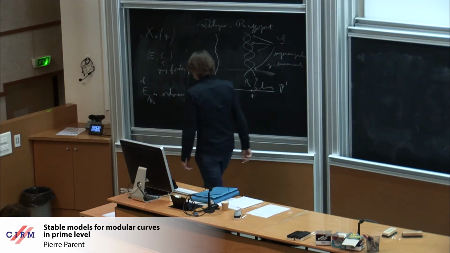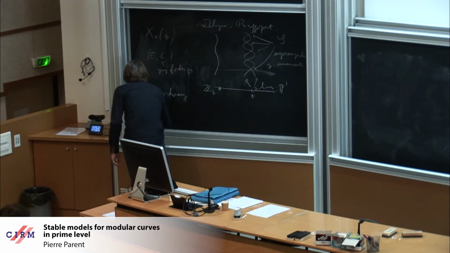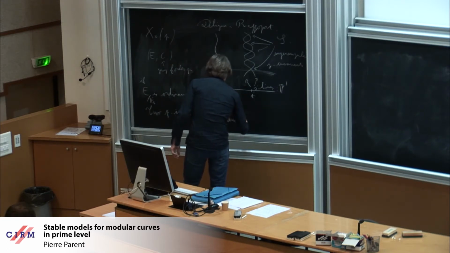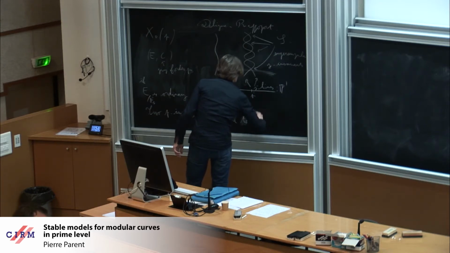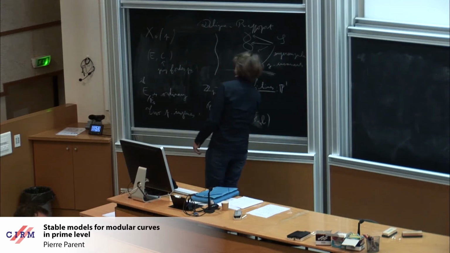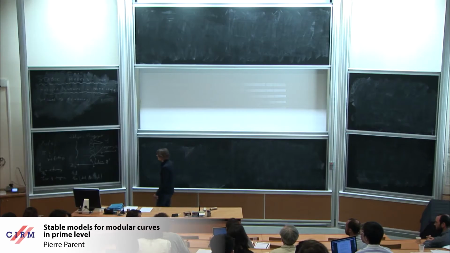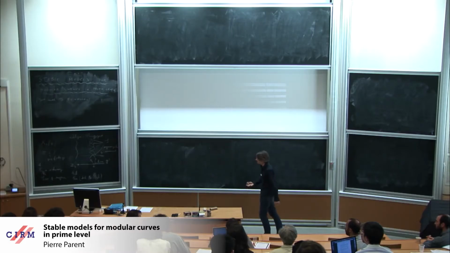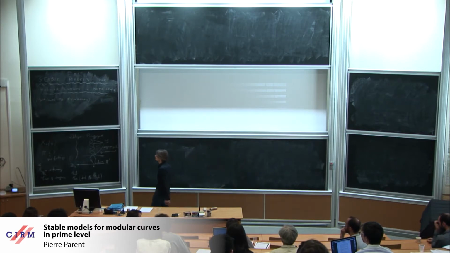And then on such a curve in characteristic p, one only has two p-isogenies, which are the Frobenius and the Verschiebung, the dual isogeny to the Frobenius. And it is also well known that the Frobenius is a radical isogeny and the Verschiebung is étale if E is ordinary. But it is the definition, one definition of an ordinary elliptic curve.